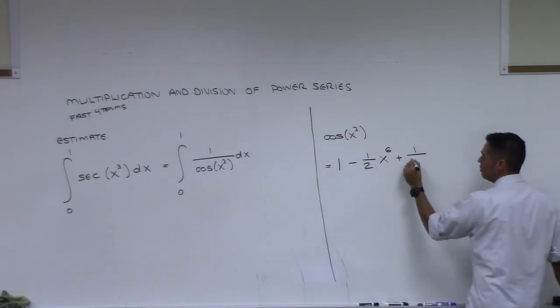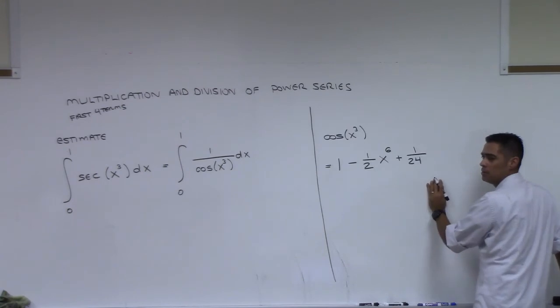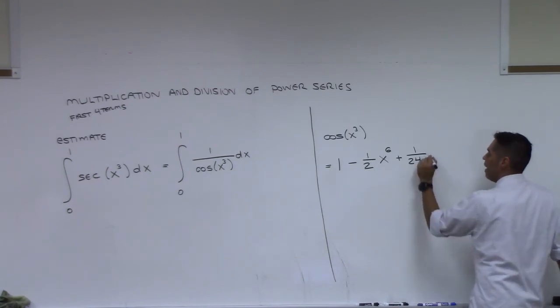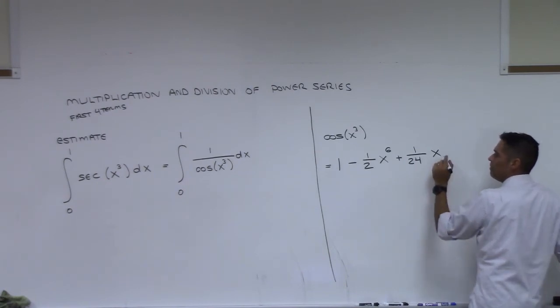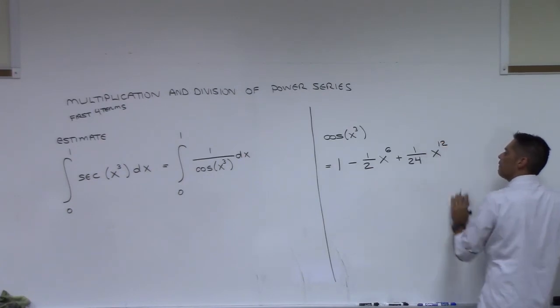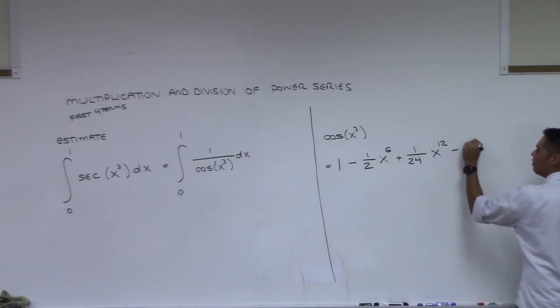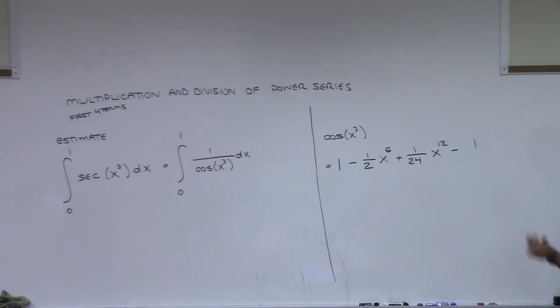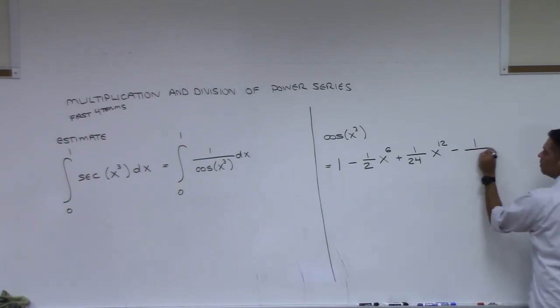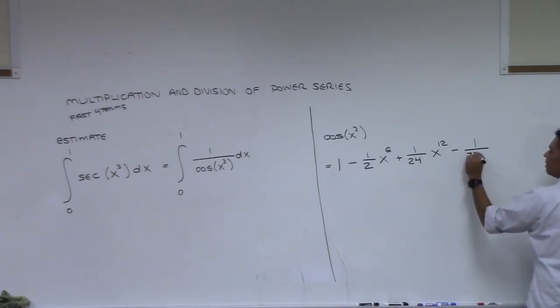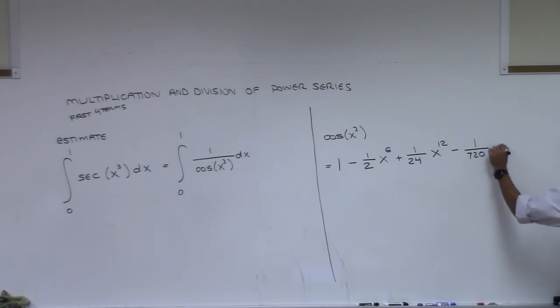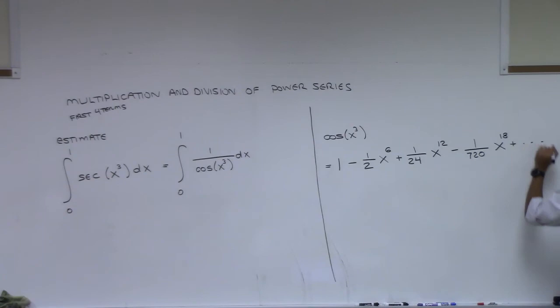What's 4 factorial? 24. And then x to the 12th. And then minus, we'll do one more, 1 over 6 factorial. What's 6 factorial? 720. x to the 18th. Plus dot, dot, dot, right?